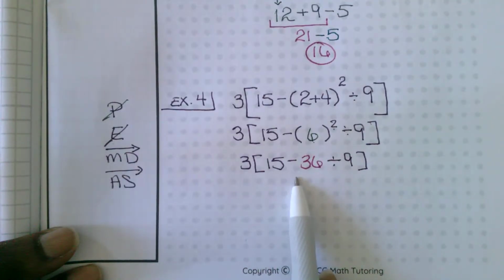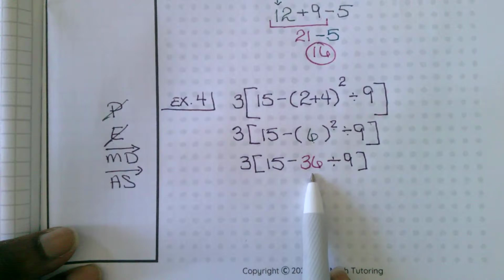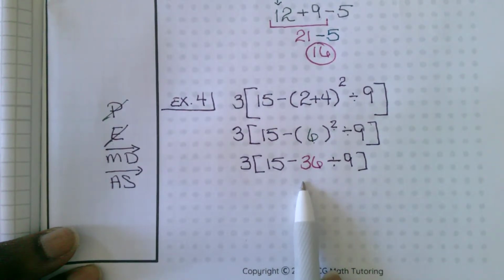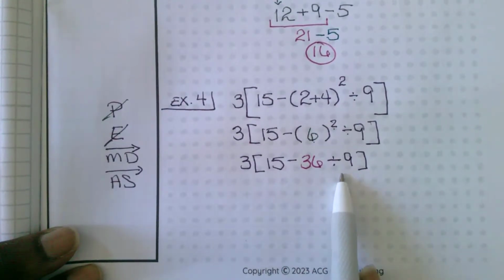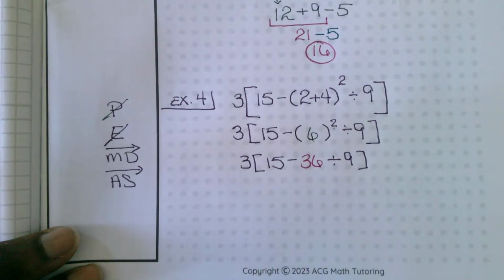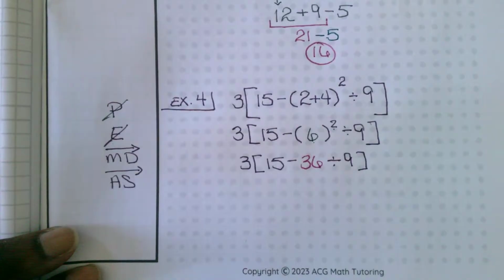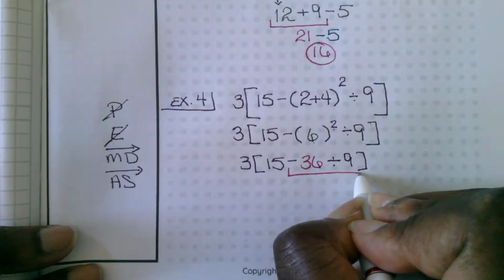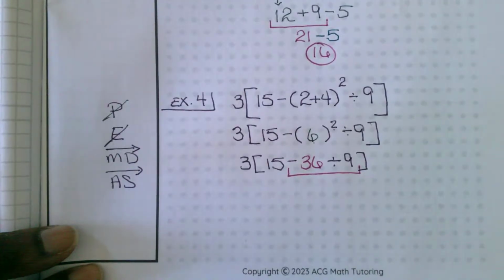I know for certain some people did 15 minus 36. Okay, I know someone got a 21 in here, a negative 21 in fact. But we are not doing addition or subtraction prior to multiplication or division. So what we're combining is this negative 36 divided by 9.